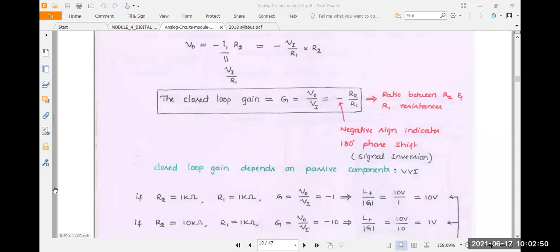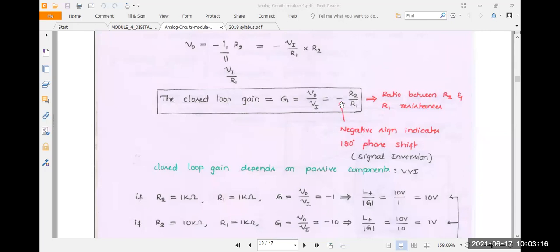For next derivations, you have to write it directly. Inverting amplifier gain is minus R2 by R1. That means gain is directly proportional to the feedback resistance R2 and inversely proportional to the input resistance R1.